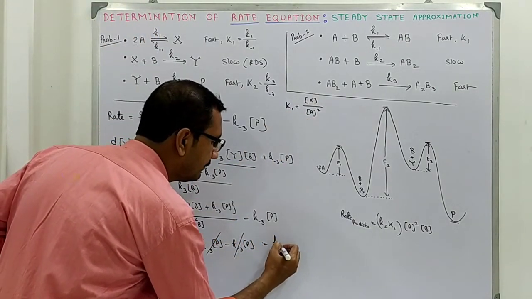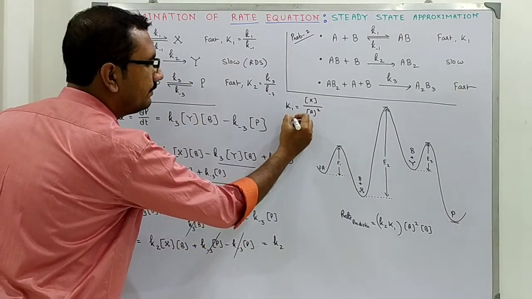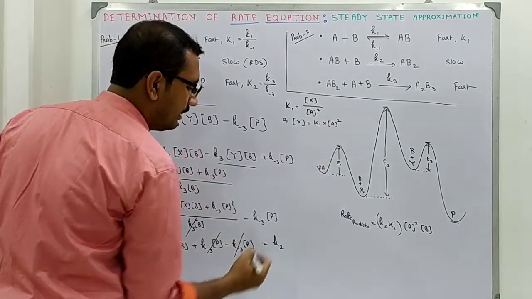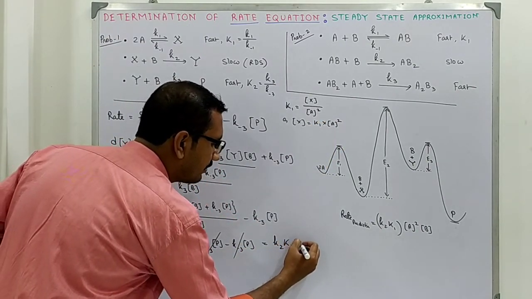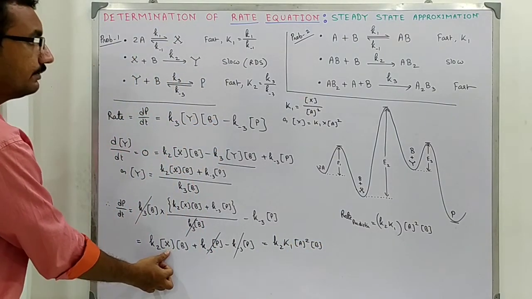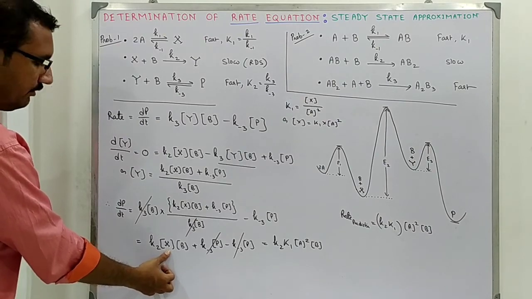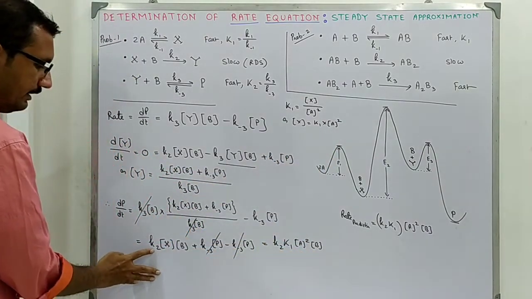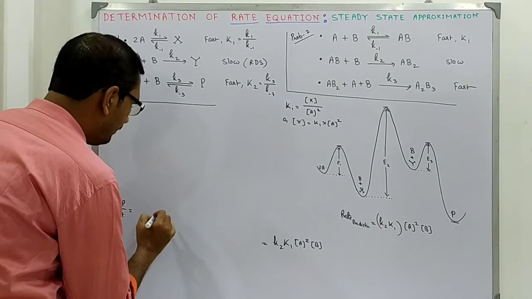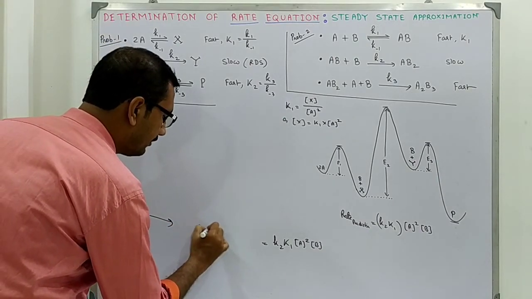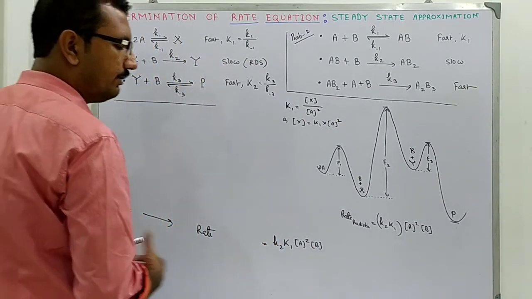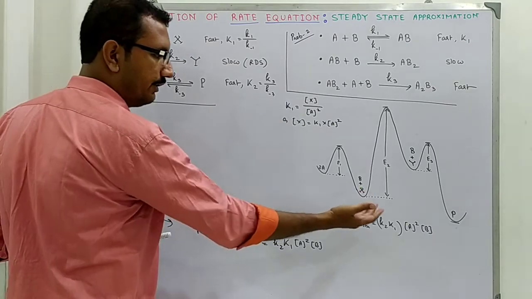So, you put here K2 into K1 into concentration of A squared into B. Look, this is the value of X. So, here we put K1 into A squared, here is K2 and here it is B, or dP/dt equal to rate of the reaction, that is given by K2 into K1 into concentration of A squared into concentration of B to the power 1. So, this is as per the theoretical prediction.